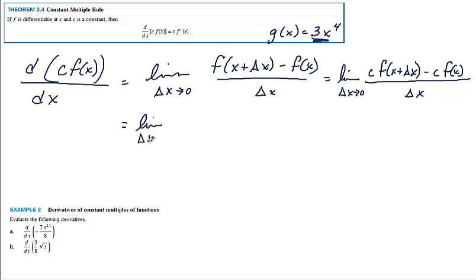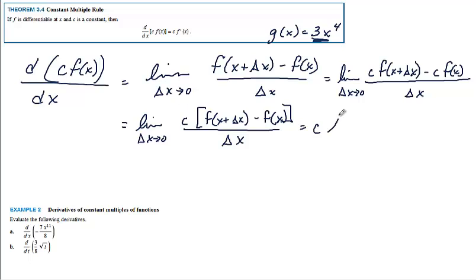Okay. I can pull that c out of both. Then I can use my limit laws and say I have a constant times my function, and that means I can just pull the constant out front because it's going to be the same as that constant times that limit.